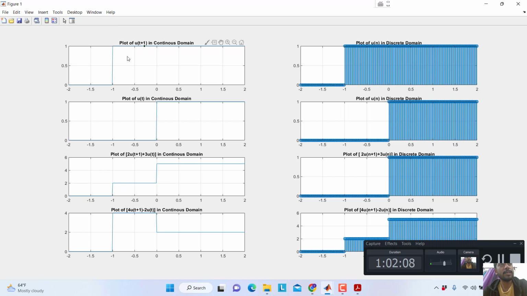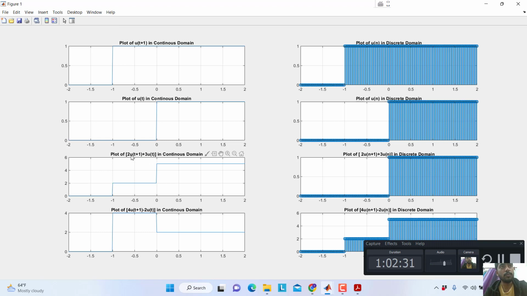Firstly we generate u(t+1), which is 1 from -1 onward and otherwise 0. Next we generate u(t), which is 1 for t greater than or equal to 0, otherwise 0. Now we perform the addition operation in the time domain.